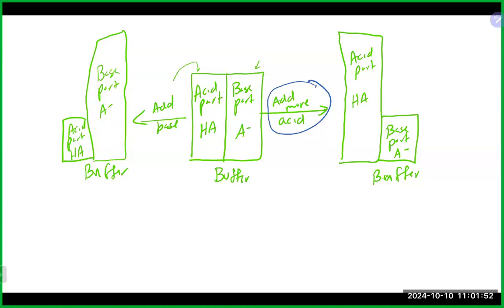Every time I add acid, it's going to react with which part of the buffer? The base part. So every time I add acid, I'm just going to chew this up, right? Even though this guy is going to get bigger, I will keep chewing it up until perhaps there is no more base part of the buffer left. And if I continue to add acid at that point, what am I essentially putting into that solution?